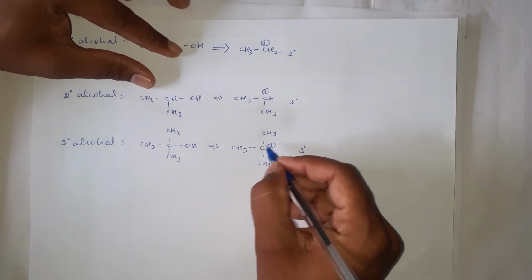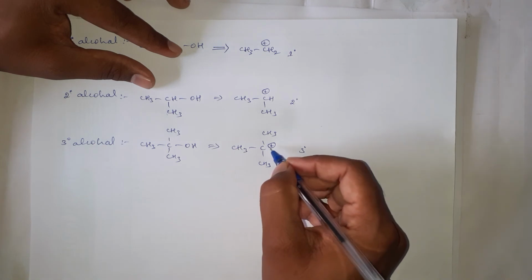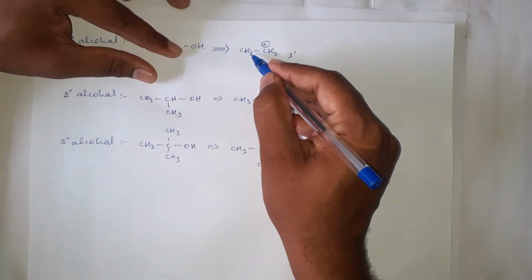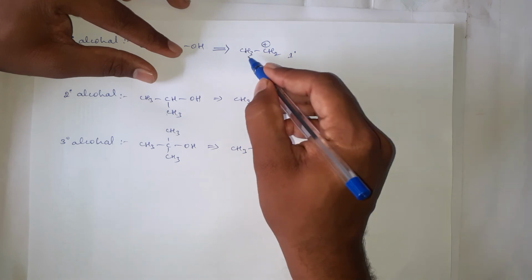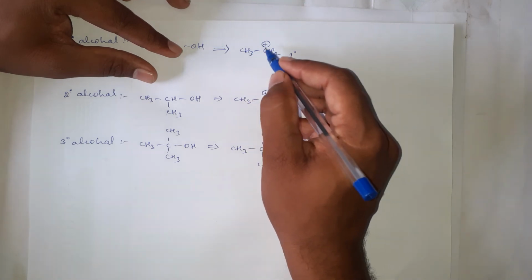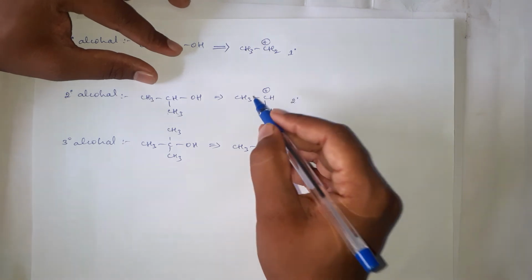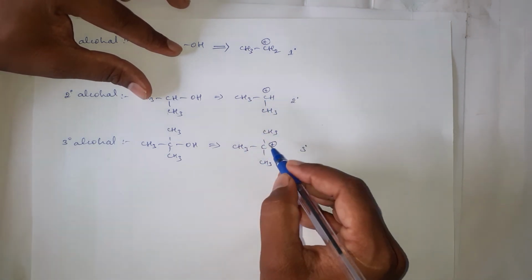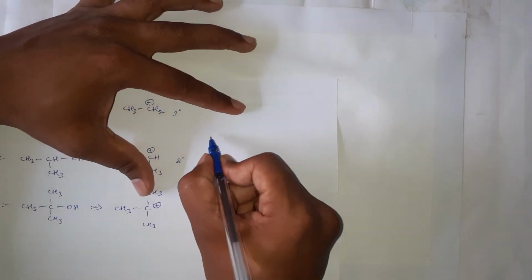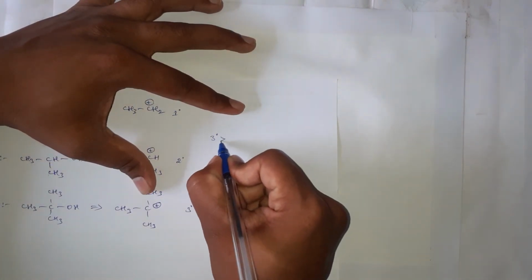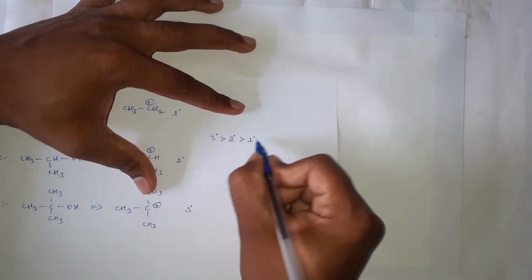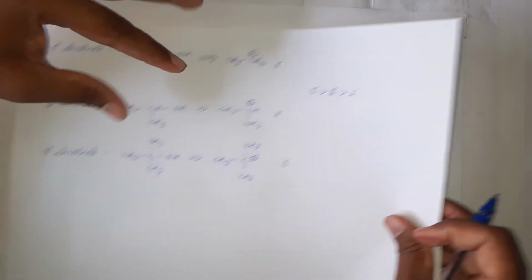Here this carbocation has 3 stabilizing groups, here it has only 2 stabilizing groups, and here it has only 1 stabilizing group. Therefore, we can write tertiary carbocation is more stable than secondary carbocation, which in turn is more stable than the primary carbocation.